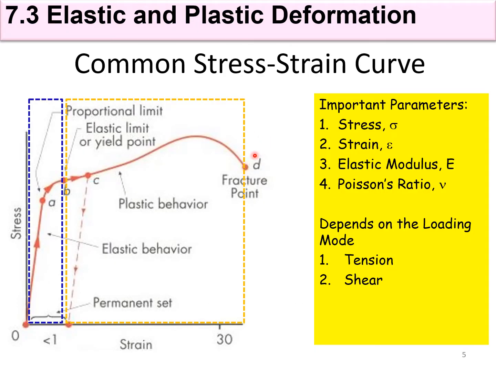This is the common stress-strain curve. We can obtain this diagram for specific materials by performing a tensile test. This involves applying a known force to a test piece and measuring the stress and strain in the test piece as the applied force is increased.